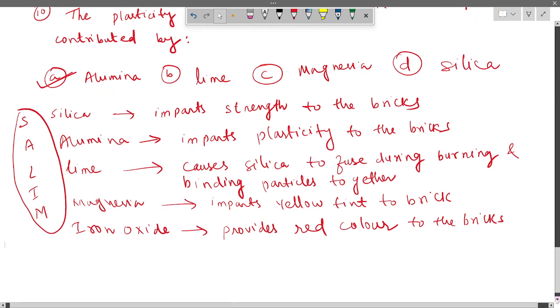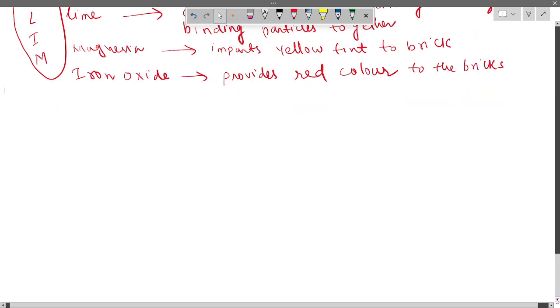So here we will move to the next question. The question is the 11th one. The crushing strength of first class brick is, I have already told you. But here it asks in Newton per millimeter square. I have already solved in previous, it is kg per centimeter square.